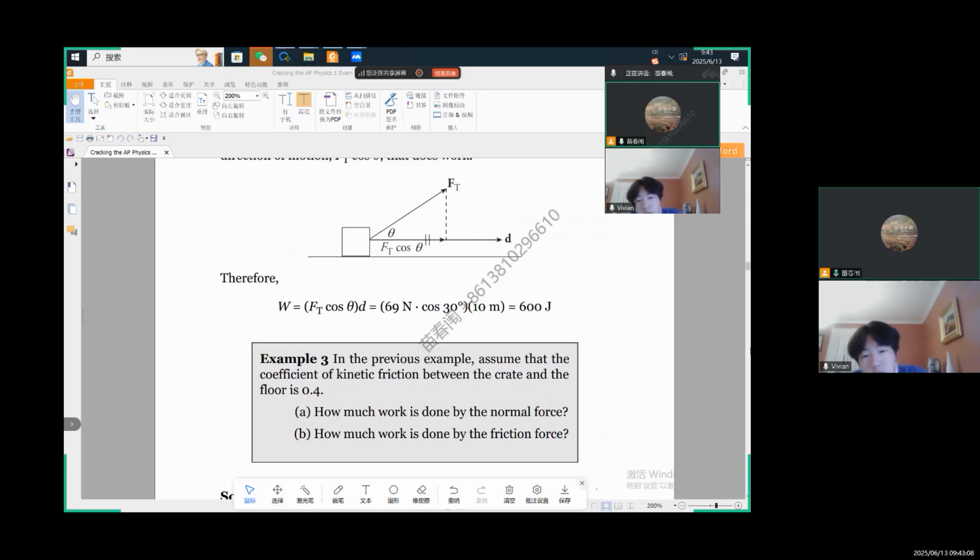Three. The coefficient of kinetic friction. Sure, 69 again this time.